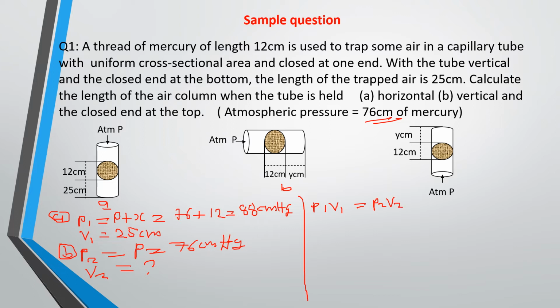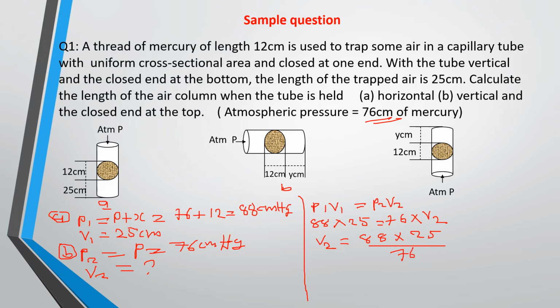Your P1 is 88 times your V1, which is 25, equals P2, which is 76, times your V2, which is what you are looking for. So make V2 the subject of the formula. You will have V2 equals 88 times 25 all divided by 76.